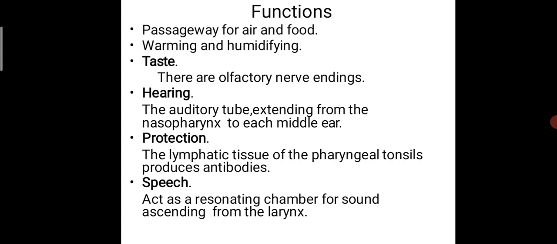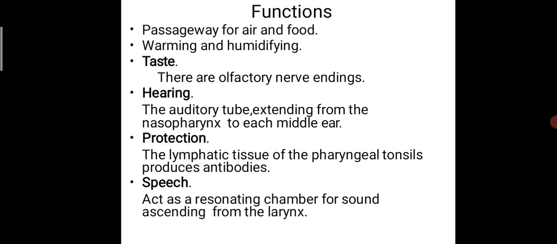Then protection. The pharynx contains various antibodies. As we know, antibodies are the army of our body. When any foreign particle or irritant particle enters our body, these antibodies activate and they kill this irritant or expel it from the body. The pharynx contains tonsils, which produce antibodies.